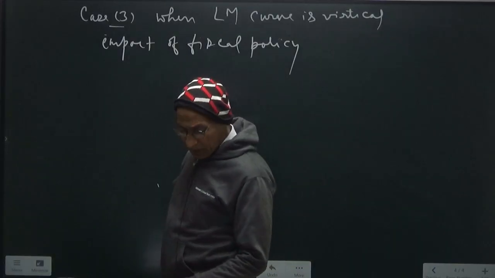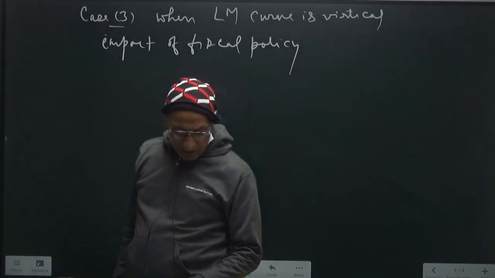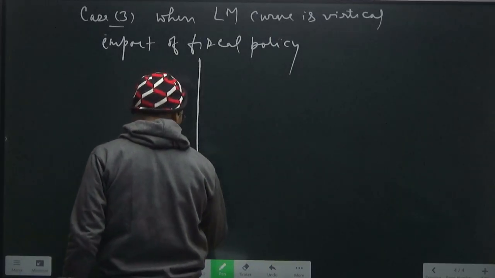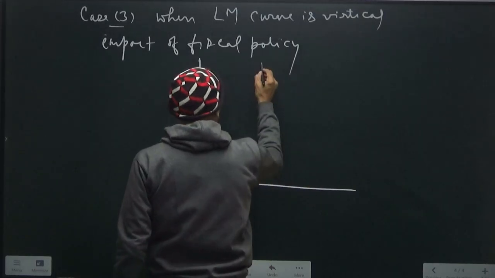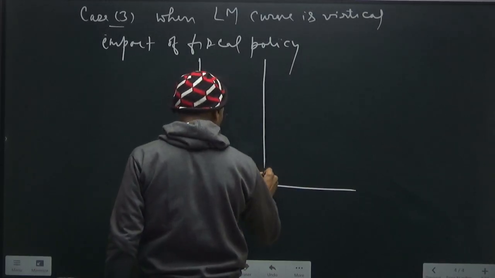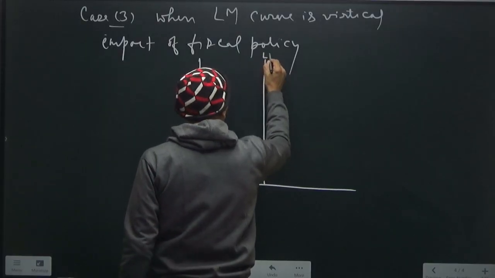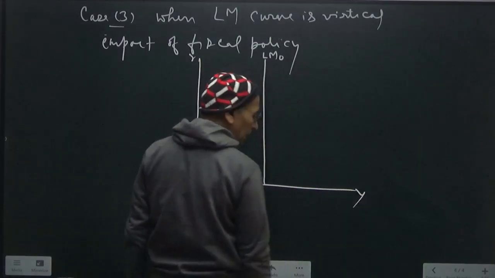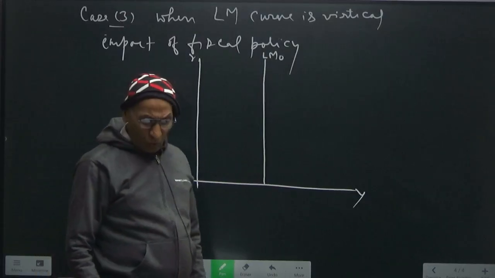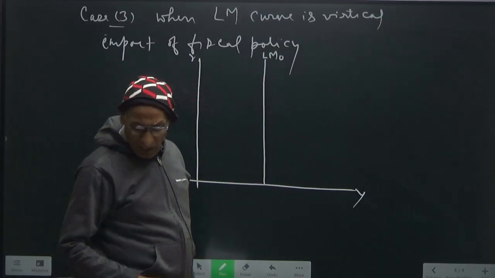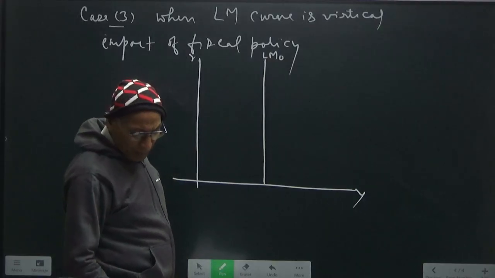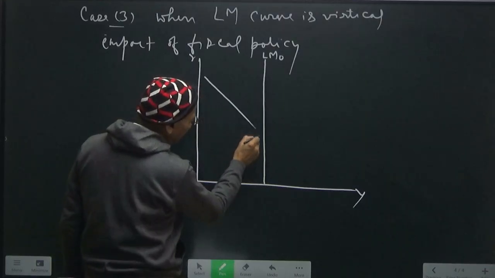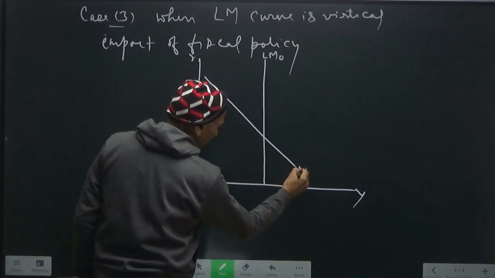When the LM curve is vertical, what will be the impact of the fiscal policy? Again, this LM curve is vertical, LM naught, rate of interest, income. Okay. And what will be the impact of the fiscal policy? This one is the IS naught curve, this is the IS curve.